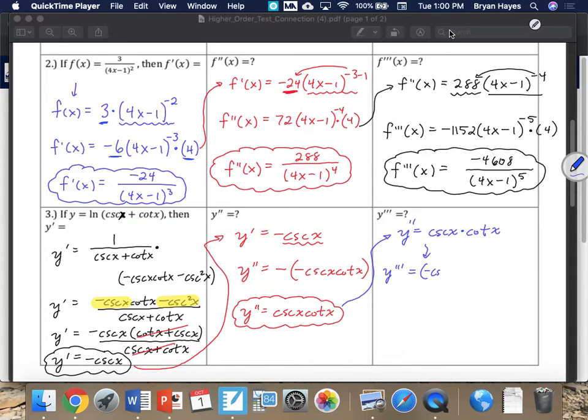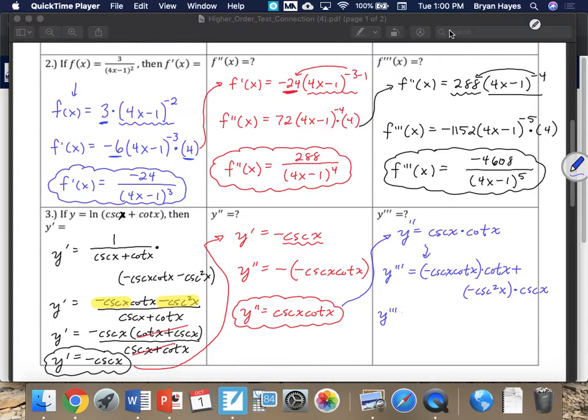So negative cosecant x cotangent x times the second, plus the derivative of the second, come underneath the line right here, derivative of cotangent is negative cosecant squared times the first. Here's our product rule. We don't have any composition here, so we don't need to worry about any chain rules. It's just x on the inside of these trig pieces.